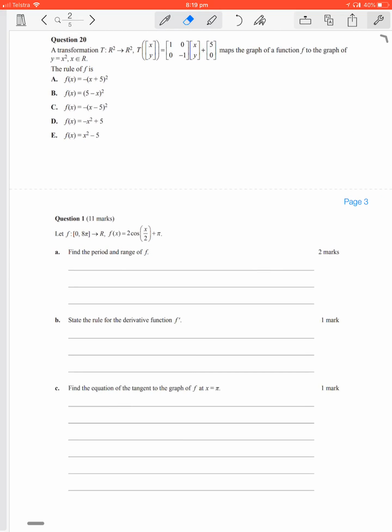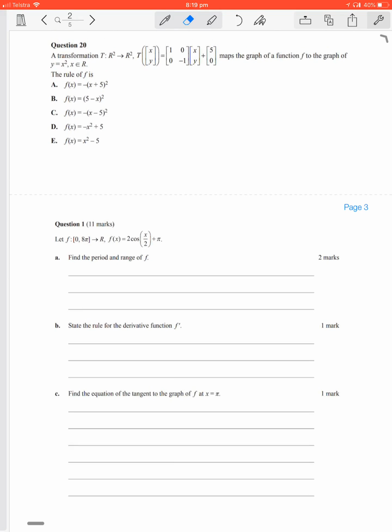Okay. This one is a bit tricky because it says the transformation maps the graph of the function f to the graph of y equals x squared. So it's already had this applied to it to get to this. We want to go backwards. Usually we would expand this out.